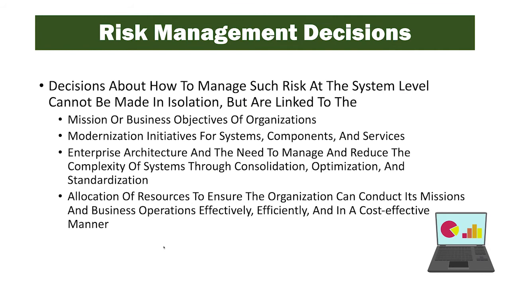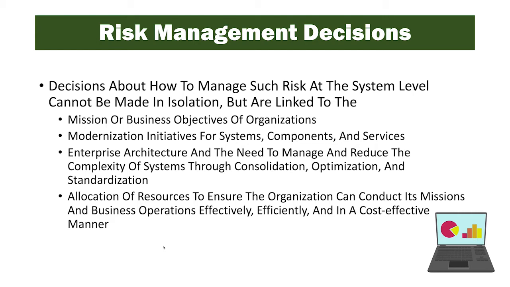We have to make risk management decisions. And these are decisions about how to manage such risks at the system level. And they can't be made in isolation, but they're linked to a number of things in the organization, including mission or business objectives of the organization. And this is very important.